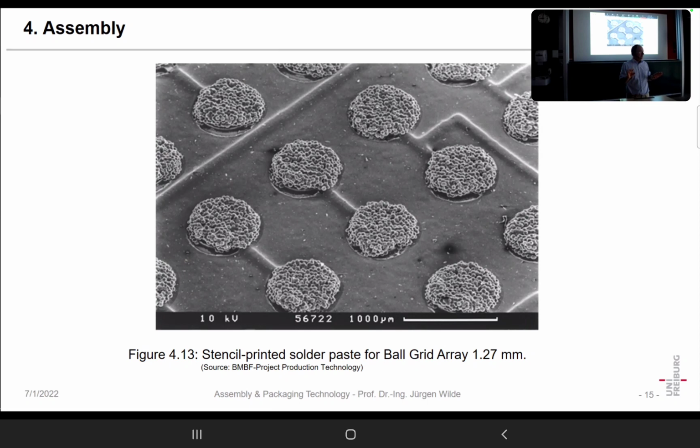On the other hand, if you have an area of 2 by 2 centimeters with 400 IOs, you cannot get the lines out side by side, but you need a multilayer board which has very many fine wires under the ball grid array in order to get all of the pins connected. So that means you need other printed wiring boards, at least of higher wiring density.